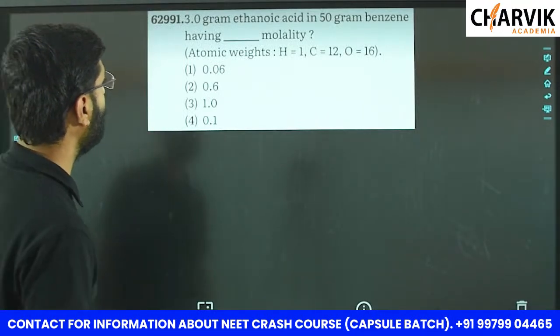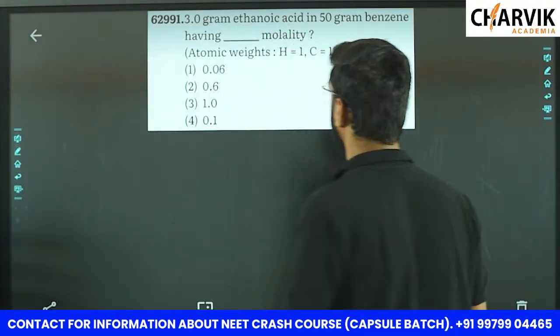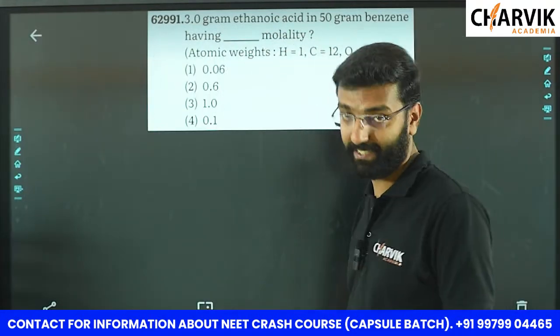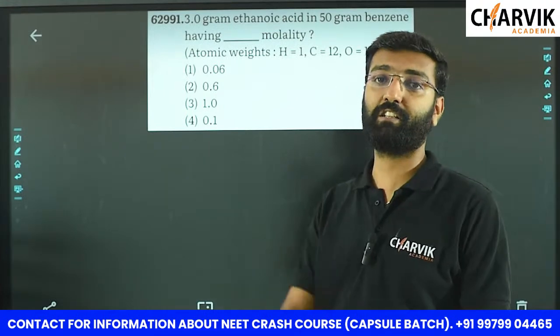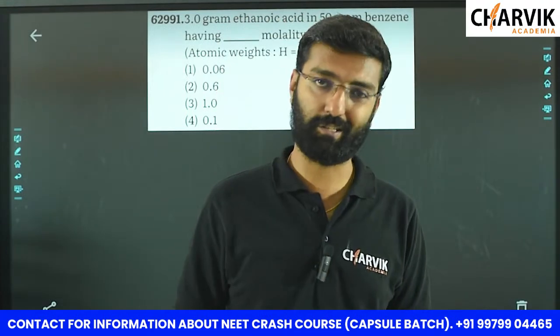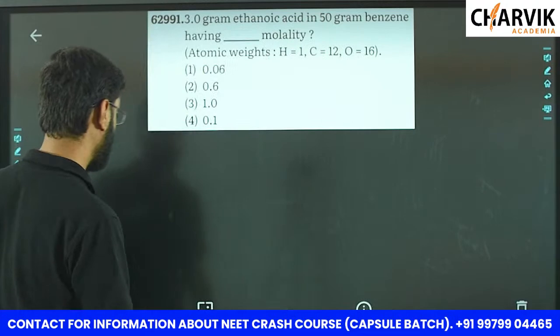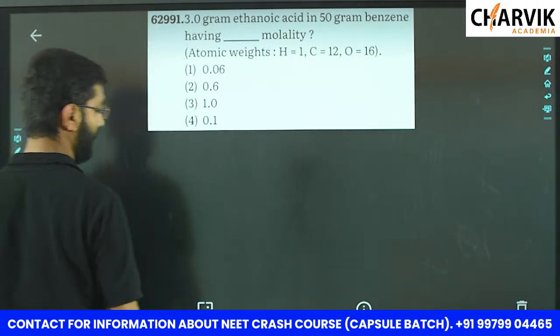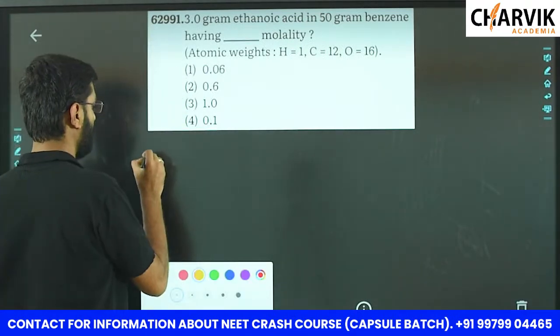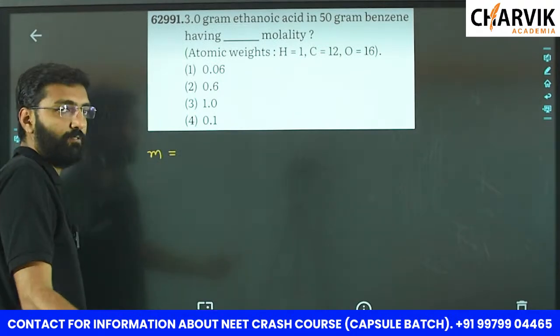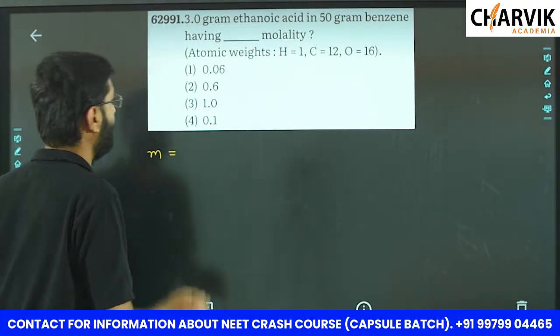3 gram ethanoic acid and 50 gram benzene having dash molality. Okay. Question from second chapter, solutions, from physical chemistry. You just need to know the formula of molality. That's it.